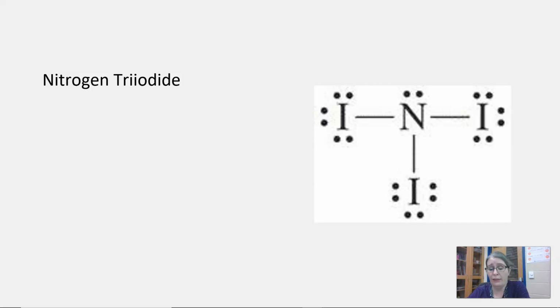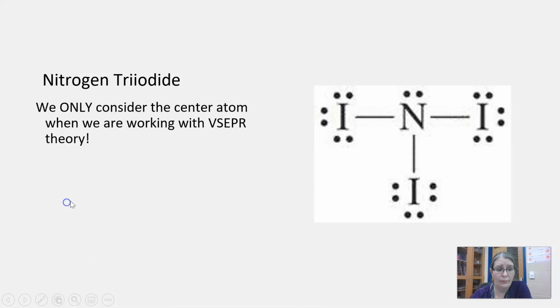Nitrogen triiodide. Sometimes students get really confused because they think there are so many electron areas here. We have to remind folks that when we're doing this, we only consider the center atom when we're talking about VSEPR theory. So the only place I'm counting areas of electrons is what's around that nitrogen atom.